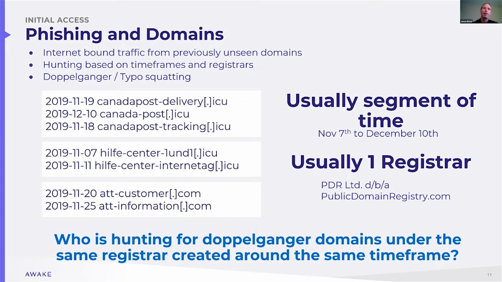What are all these new items coming up? What's the timeline? Why are they all associated with 1 or 2 registrars? And then you also dig into things like the doppelganger stuff. So when you think about that, you're looking at, what's my company name and why are there derivatives of those domains going through my network? Is there stuff that was created, built at one time? Did they come into my network at a certain time? And are they associated with the registrar?